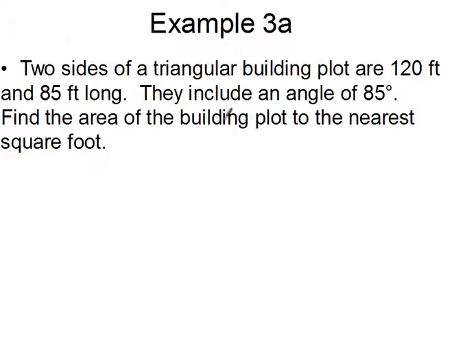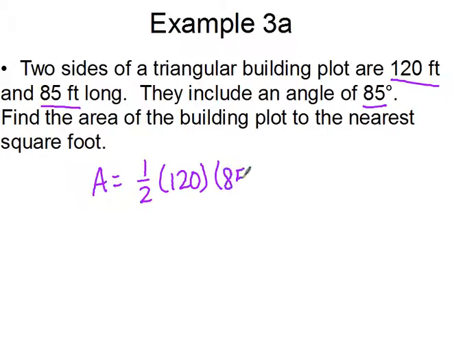Alright, let's try another one. They tell you two sides of a triangular building plot are 120 feet and 85 feet long. They include an angle of 85 degrees. So this would be 1/2 times 120 times 85 times sine of 85.